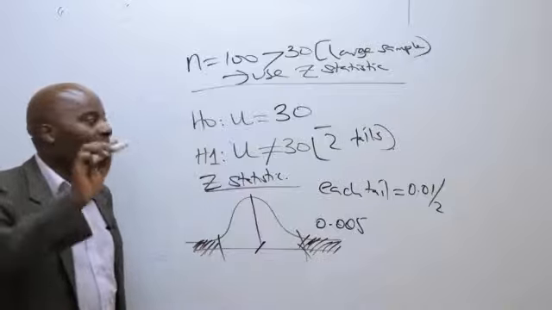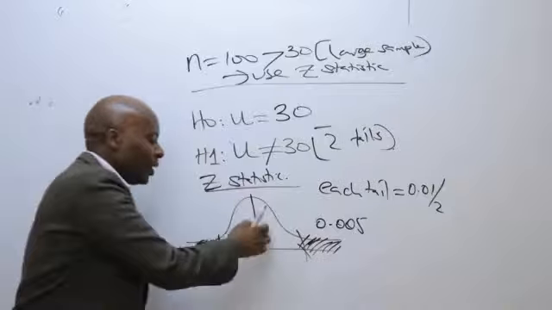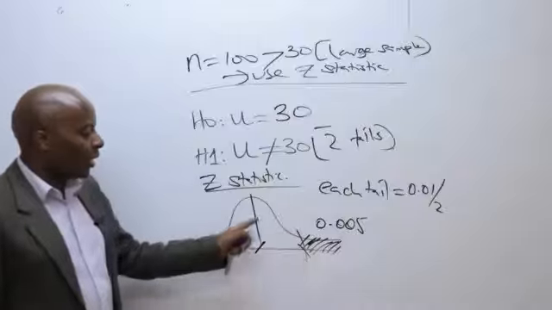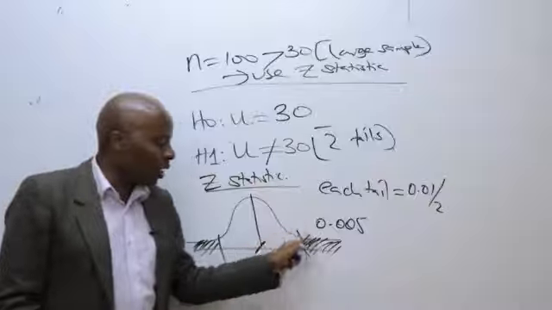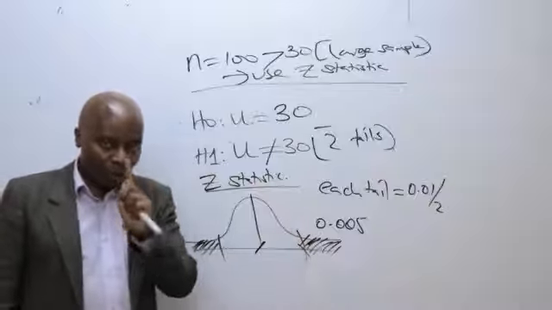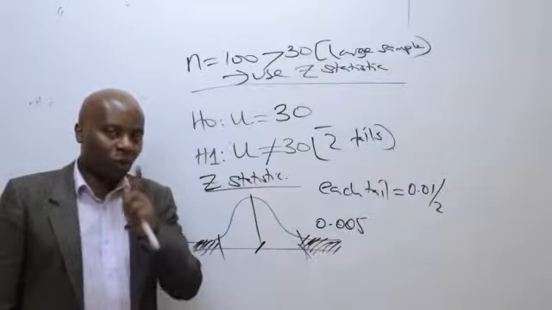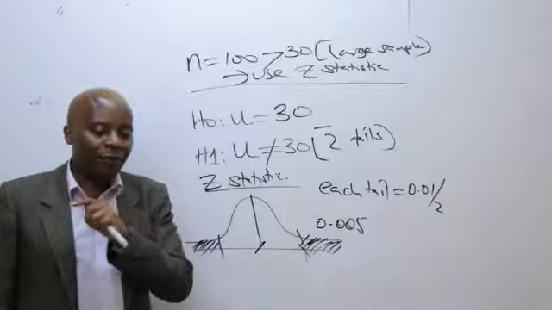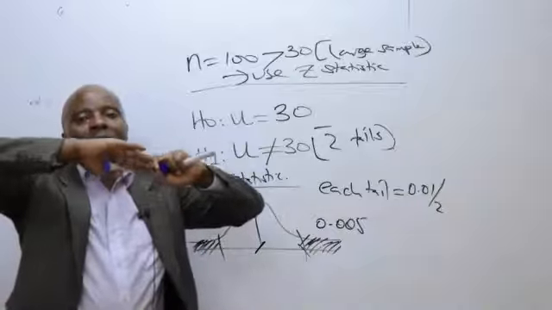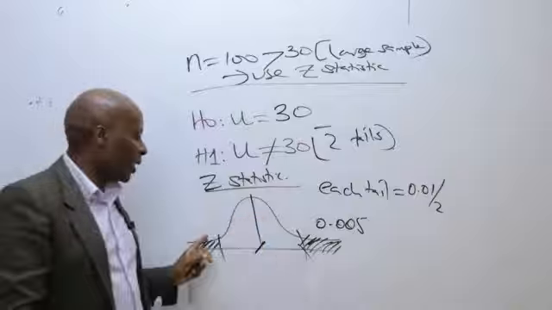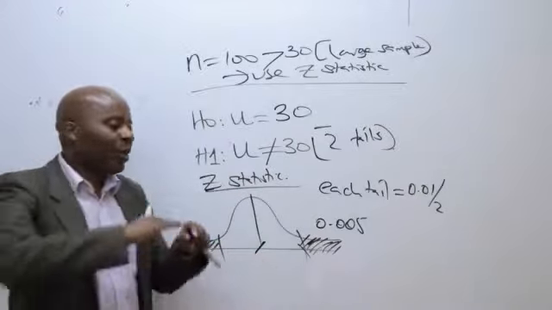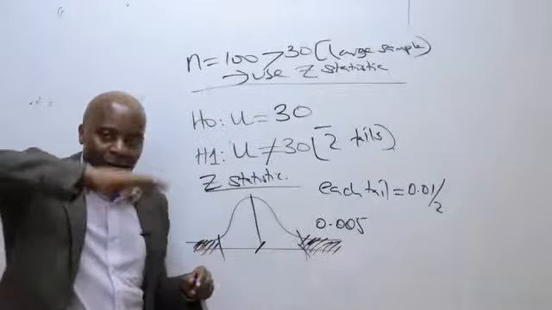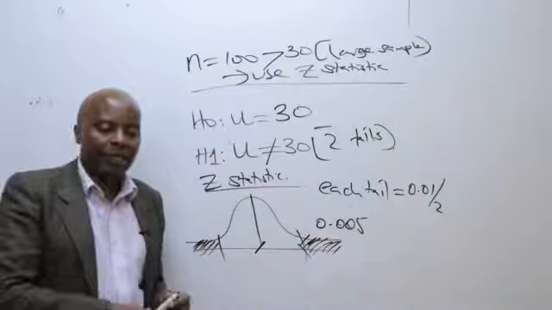Once I have this, I'll be able to work out my area from here to here, because of the table that the examiner gives us, which is normally shaded from here to here. So how do I get this unshaded area on one side? I know for sure that the 2 areas must always add up to 0.5, because a PDF, a probability density function, has 100% area, which is 1.